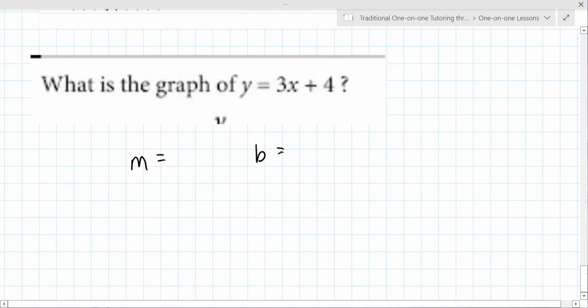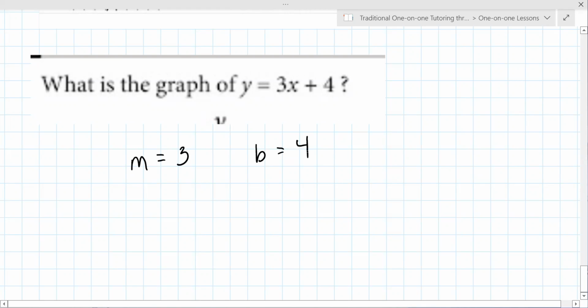Okay. 3 is m and 4 is b. What is the value of m? 3. And what is the value of b?